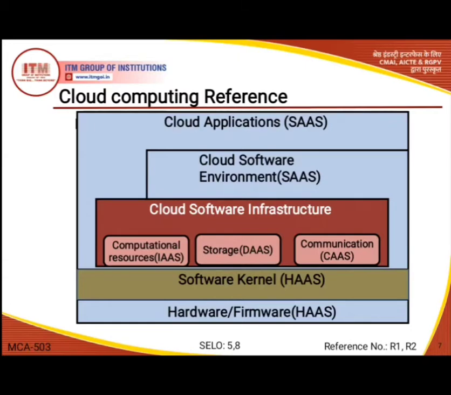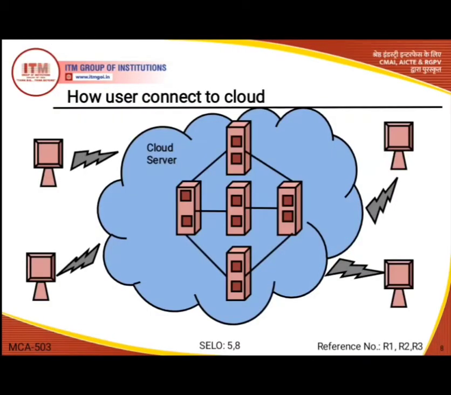But before discussing these layers in detail, first of all we should understand how the cloud is connected with the user. This diagram shows how a user connects to the cloud.